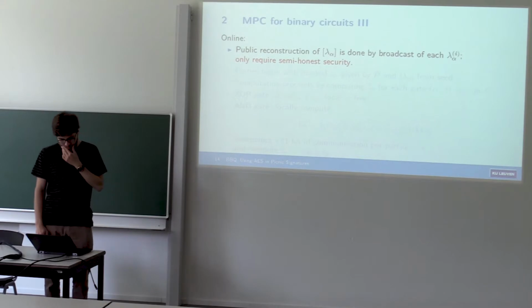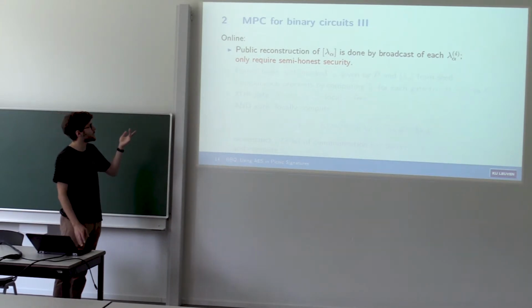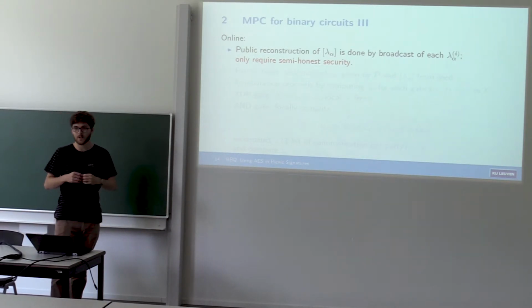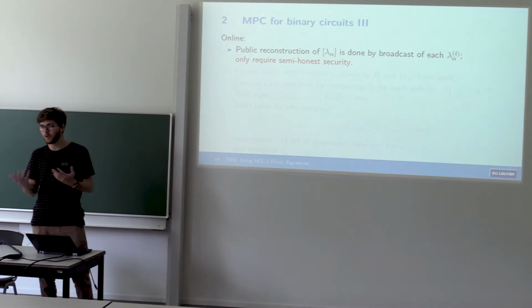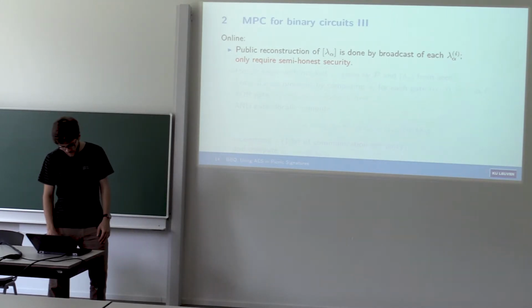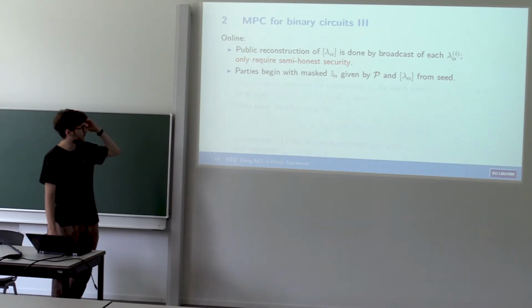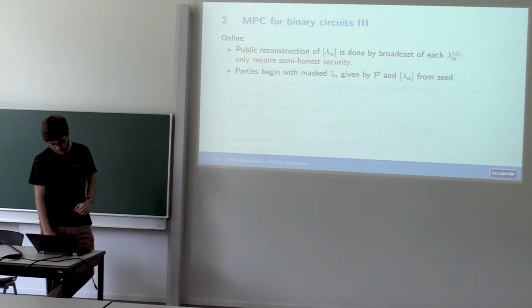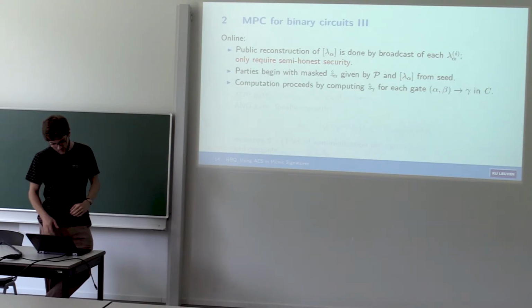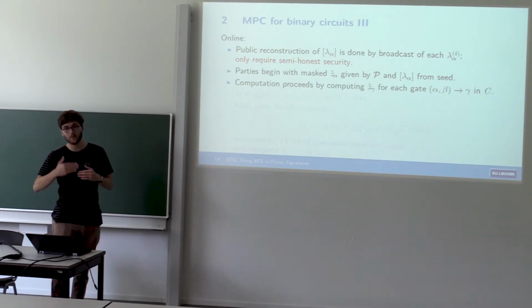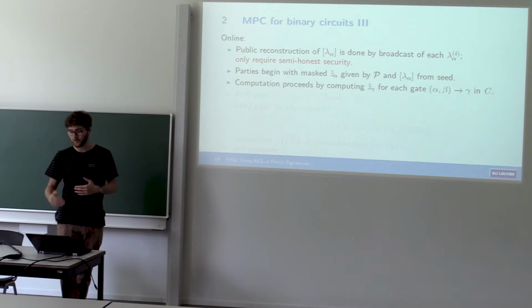In the online phase, if we want to reconstruct a mask, every party can just show their share. They're not lying, so that's fine. The parties will begin with the masked inputs and their masks from seed. And the computation proceeds just by computing every masked value in turn.